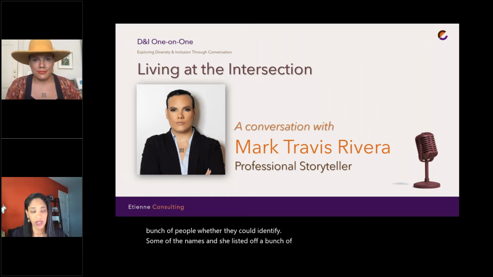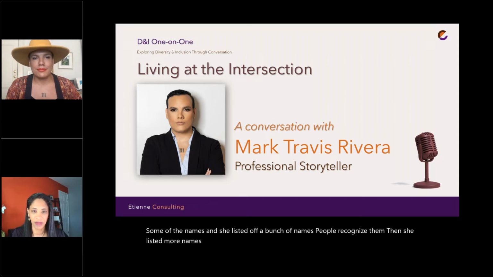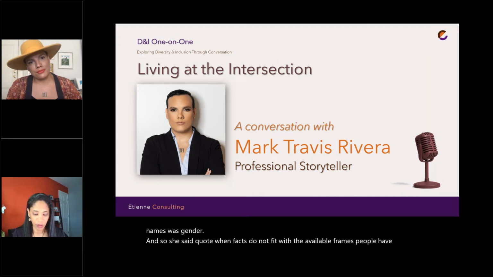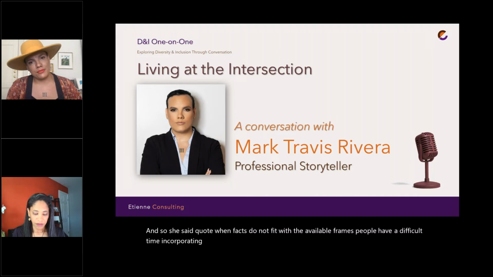People recognized them. Then she listed more names, and people didn't recognize them. And the only difference between the names was gender. And so she said, quote, when facts do not fit with the available frames, people have a difficult time incorporating these facts into their way of thinking about a problem.